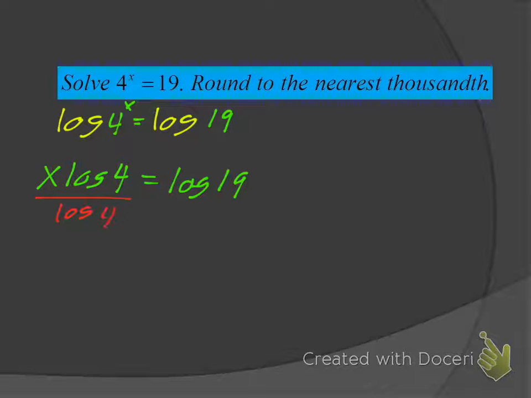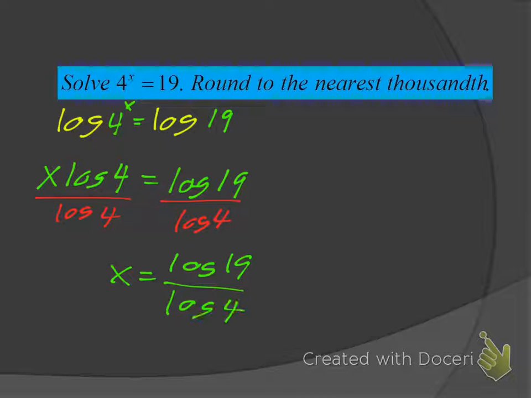So divide by log of 4 on both sides. Okay, so the algebra setup to this is this. X equals log of 19 over log of 4, which is about 3/4 of the battle.